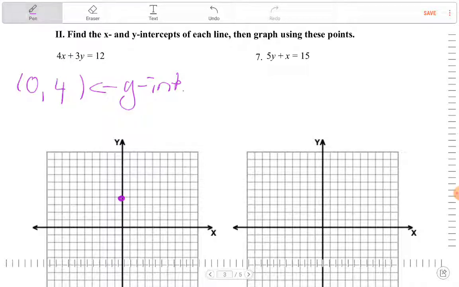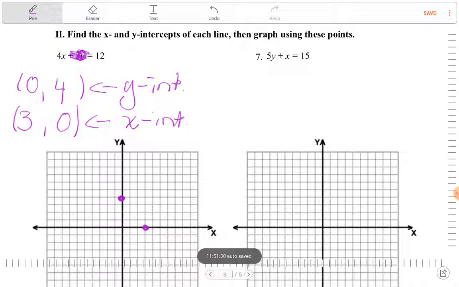Now, let's make our y-coordinate 0. If I say my y becomes 0, this whole piece drops out. I can now solve for x. 4x equals 12. I divide by 4. X equals 3. And what did we say? Anytime my y-coordinate is 0, we just found the x-intercept. So this point right here at (3, 0) is your x-intercept.